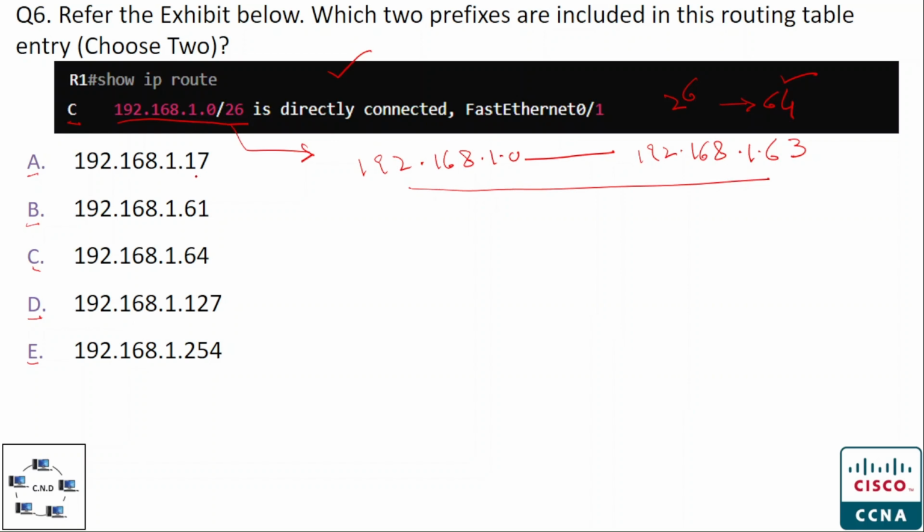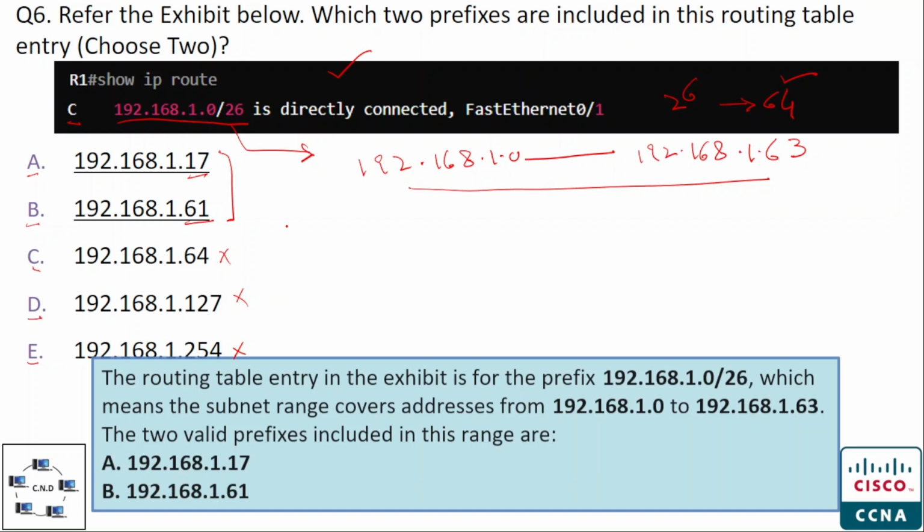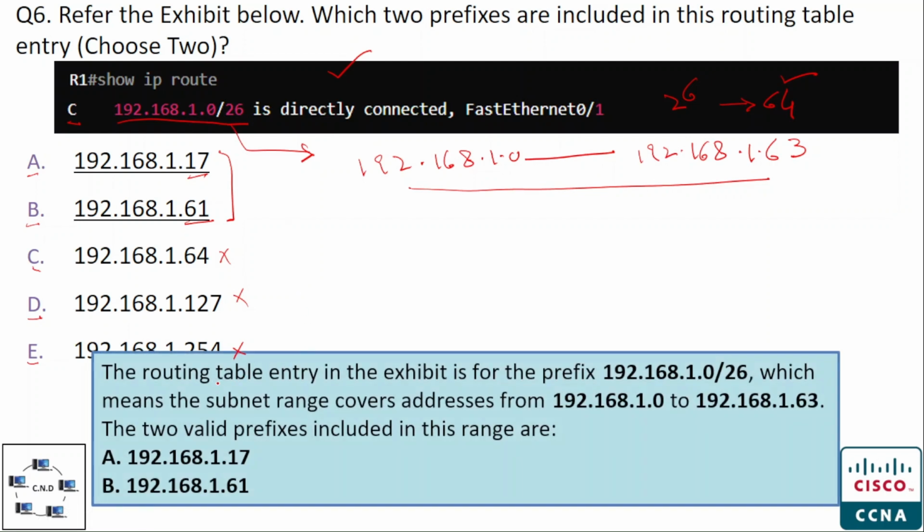You can see that 70 is out of range, while 61 is included in this range, and the rest, 64, 127 and 254, are all out of range. So these two prefixes or IP addresses are included in this entry. The correct answers are option A and option B. And this is the explanation I already explained.